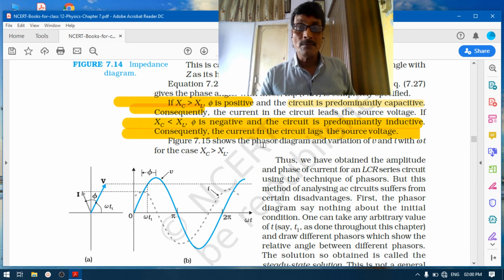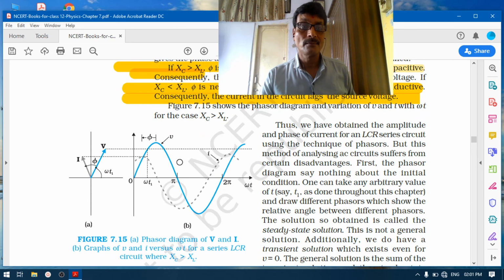Now, from the phasor diagram and the variation of V and I with omega t for the case XC greater than XL, we can see here the voltage, the current, and the voltage is at a phi angle. This is omega t1.